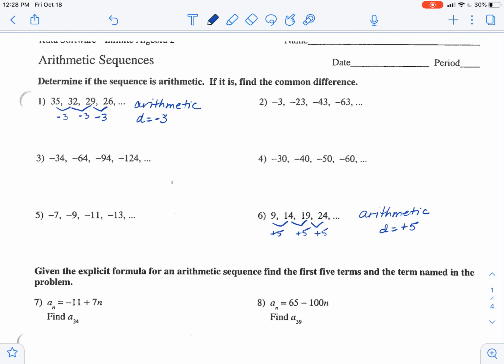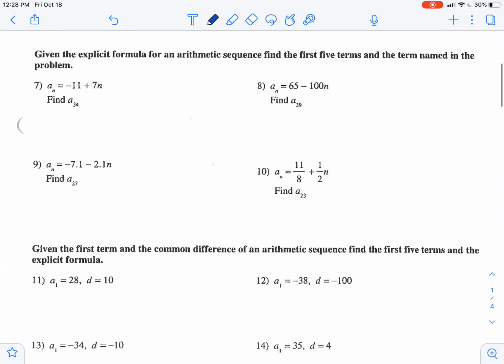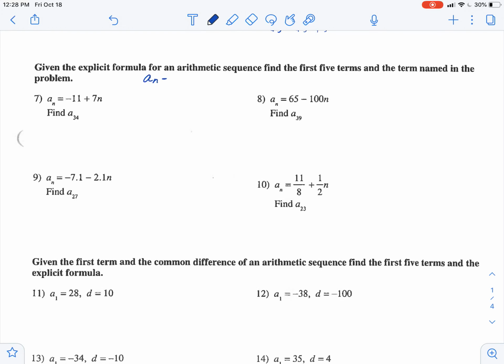The next one is to give the explicit formula, which is what we were doing. That formula that I gave you earlier, a_n equals a_1 plus (n minus 1)d, is your explicit formula. There is another one called a recursive formula.